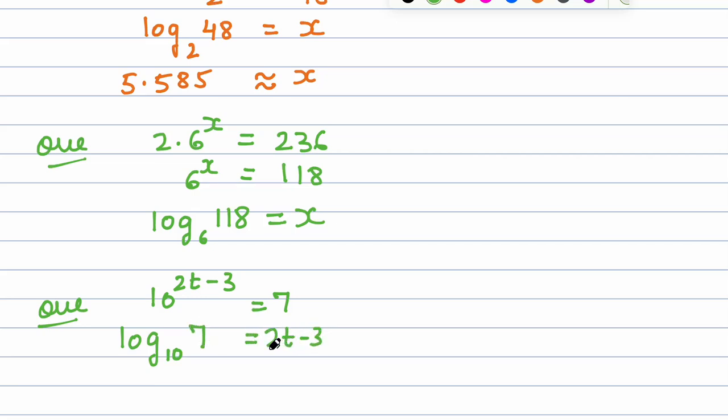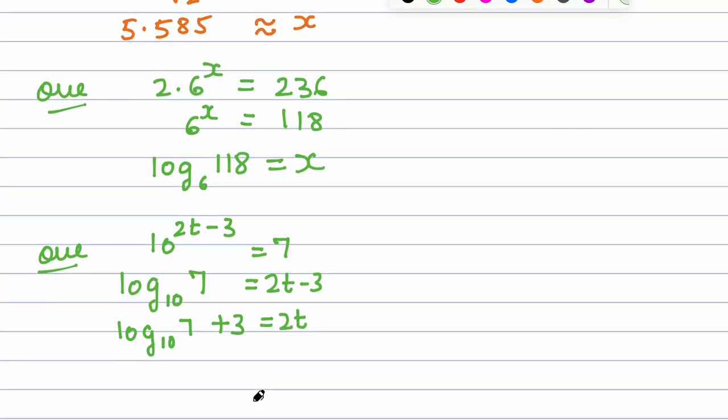I hope you are comfortable with how we convert exponents into log. So that is log base 10 of 7, adding 3 on both sides, is equal to 2t, and then dividing by 2 on both sides, log base 10 of 7 plus 3, divided by 2, is equal to t.